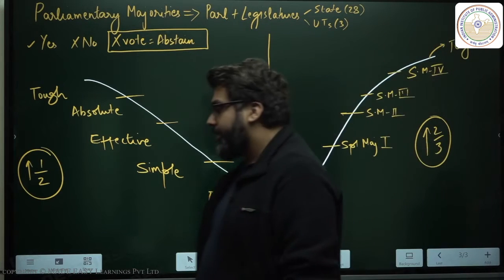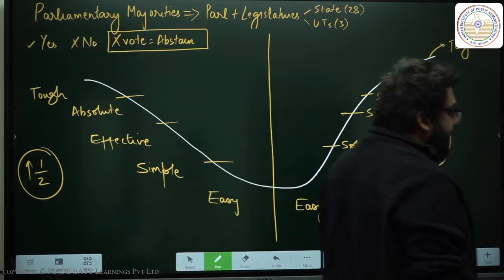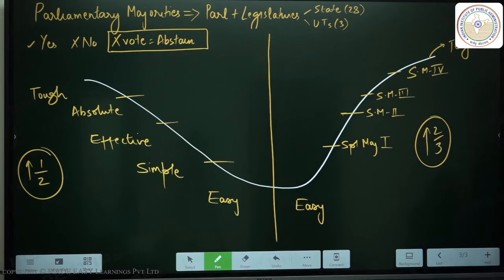So this is the larger graph of what are called simple to tough majorities.